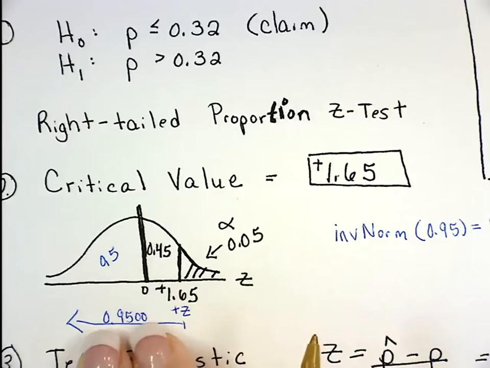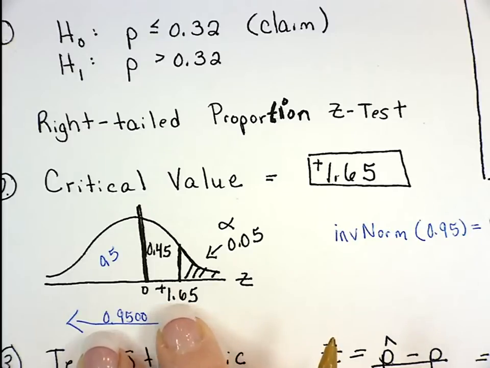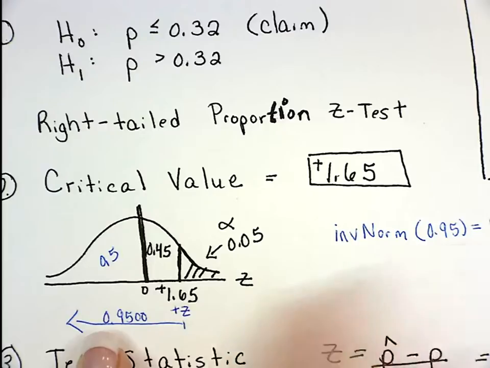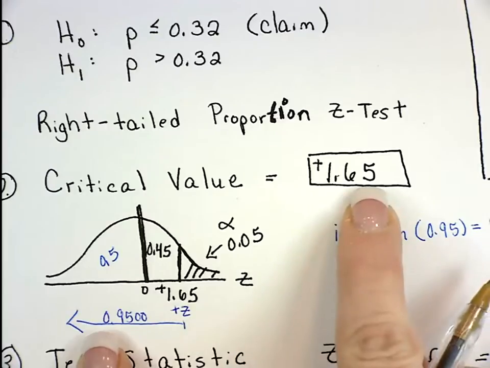If you look up 0.95 in the table and work your way out, this area falls halfway between two values. Go with the z-score that gives you the larger absolute value, and you have to decide between 1.64 and 1.65, so go with 1.65.